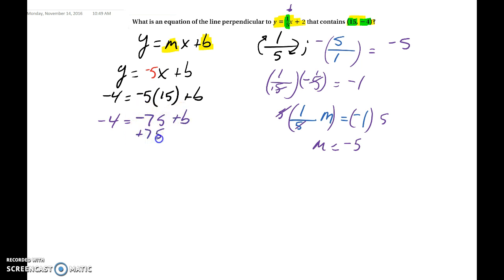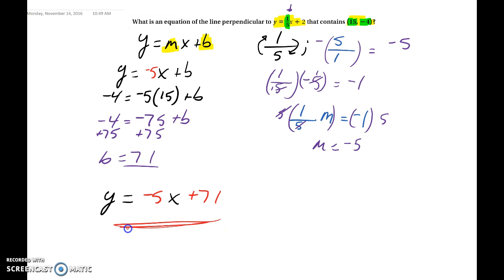We add 75 to both sides, and b is equal to 71. So our final answer is y = -5x + 71. That is a line perpendicular to the given line y = 1/5 x + 2, and it passes through the given point (15, -4).